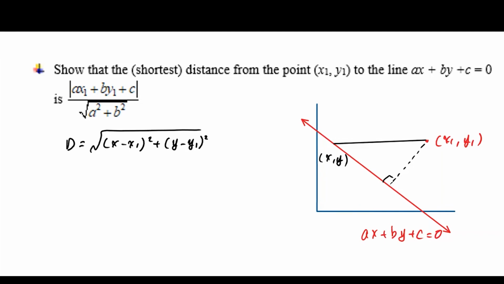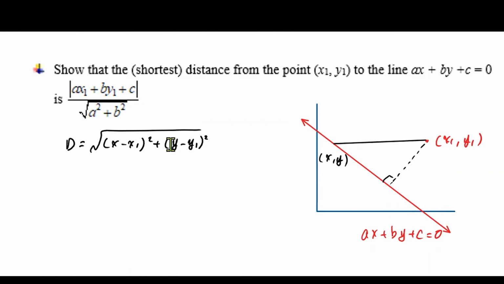Oh, by the way, this is not a related rate problem. This is just a regular minimization problem as a review. If I can find the minimum value of this, that's got to be my distance, because the maximum is definitely infinity, and there's got to be only one critical point.